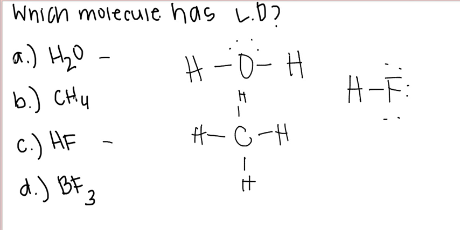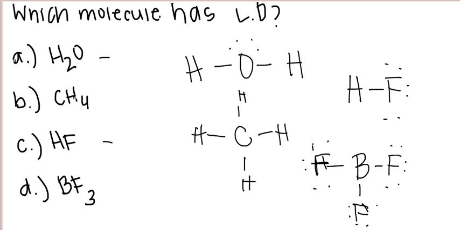And then if we draw BF3, we have B in the middle with 3 F's. And we know that we have to fill the F's with 6 electrons around each. And we said this will have no lone pairs as well, so we know that BF3 won't be a correct answer.